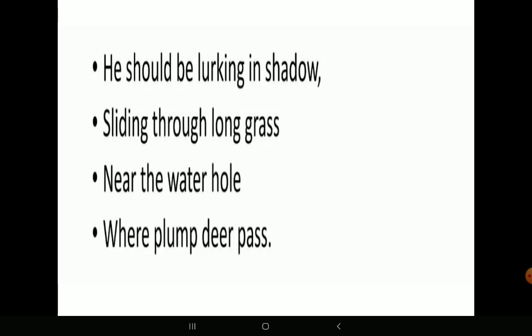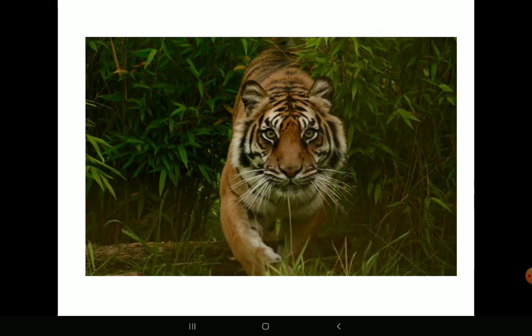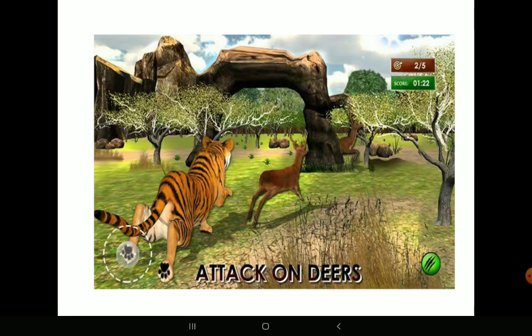So he would be waiting there to target some of the animals, maybe where plump deer pass. Plump means fat, maybe a young fat deer. So he waits near the water hole where he can have a good meal that day. See the tiger lurking in the shadow, in the long grass, in the bushes, how beautiful he looks. And this is how he may pounce on some plump young deer.